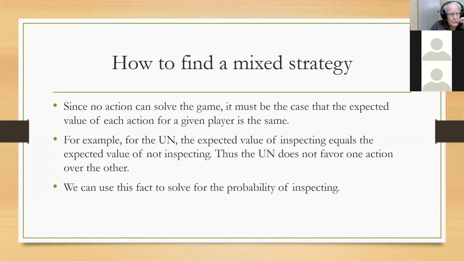So let's see how to find the mixed strategy in this case, and then we can take a look at question number 5 on the quiz.